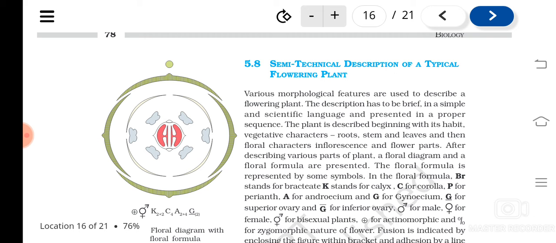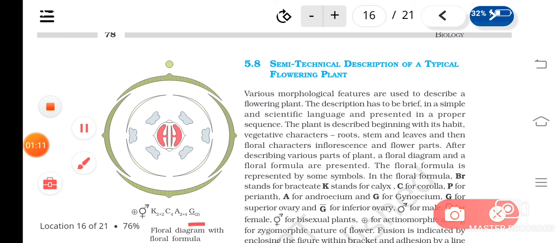So we can have a floral formula or floral diagram. Floral formula means the plant will be represented by certain symbols. Understood? With the help of certain symbols, the full characteristic of the flowering plant is described.